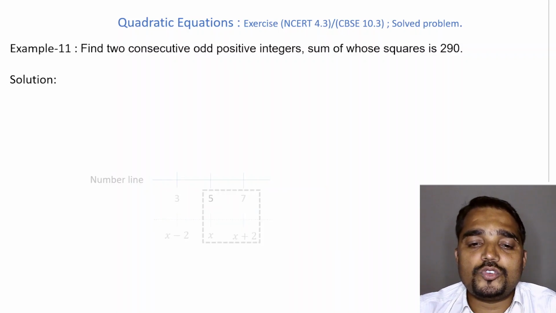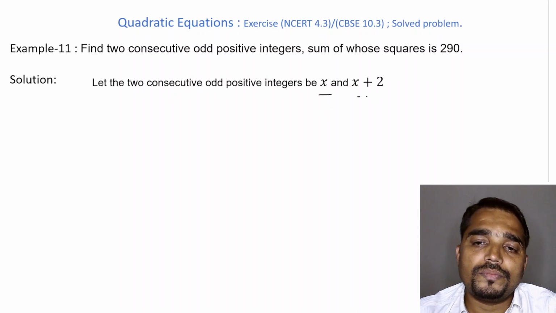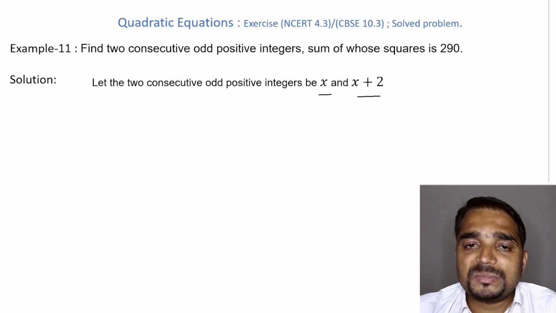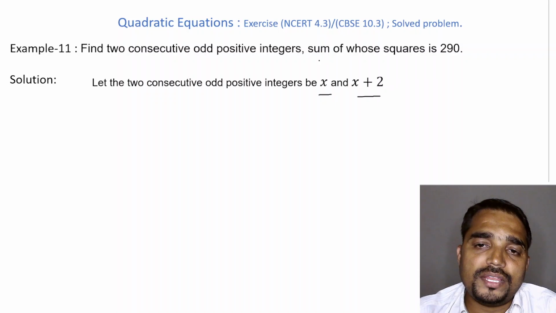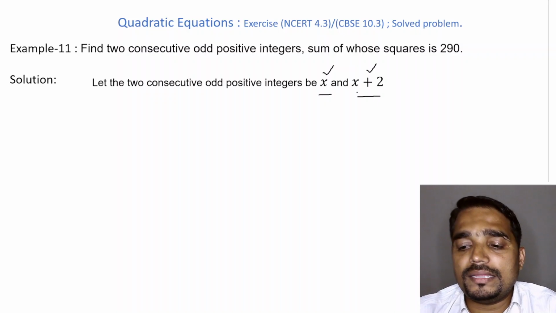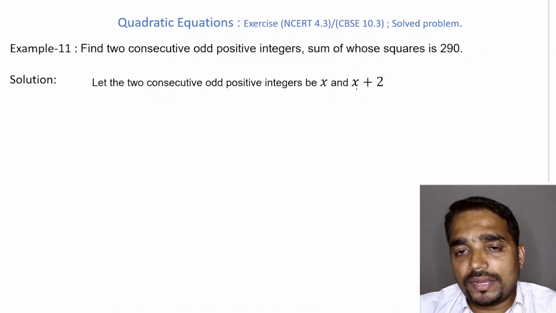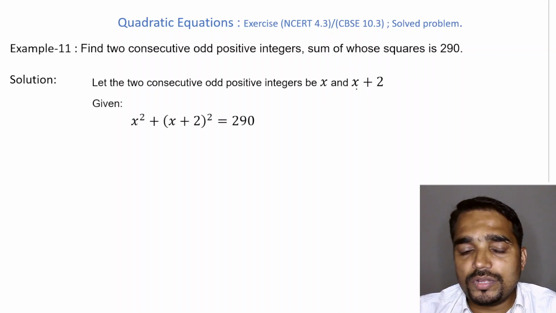Therefore, let's assume the required numbers as x and x plus 2. Now coming to the second part of the condition, wherein he says the sum of whose squares is 290. So since we have assumed the numbers as x and x plus 2, we will have to square them and then add them so that we will be getting 290. This is the second condition which is given.